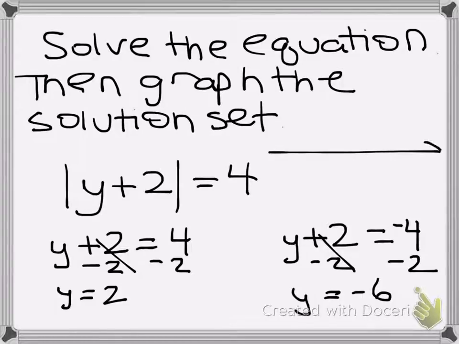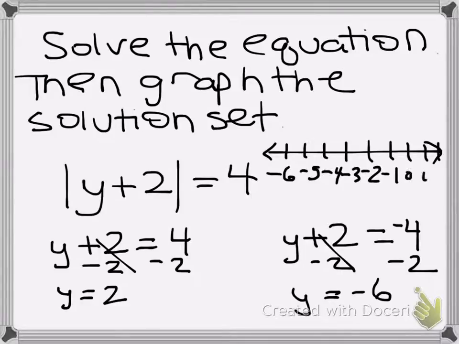If I were to graph them, I would need to put my numbers on a number line by using just a dot. So I'm going to put a dot at -6, and I'm going to put a dot at 2 to indicate my two answers.